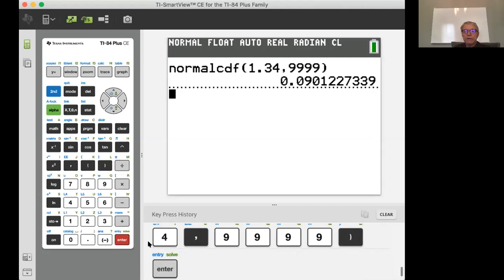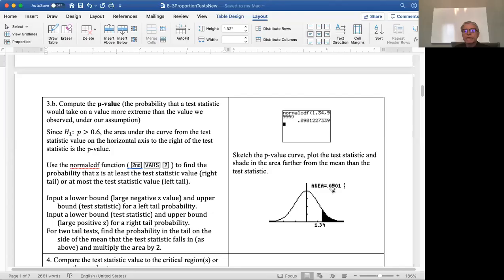So let's go back to our notes. Here is exactly what we just did, and this is a picture of what we were looking at. Area underneath the curve from 1.34 up to positive infinity.